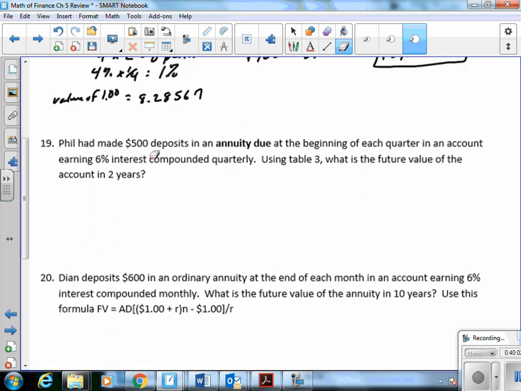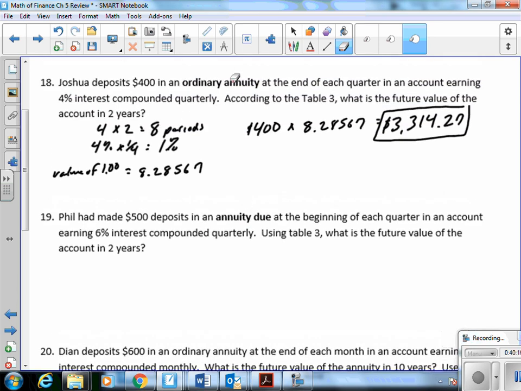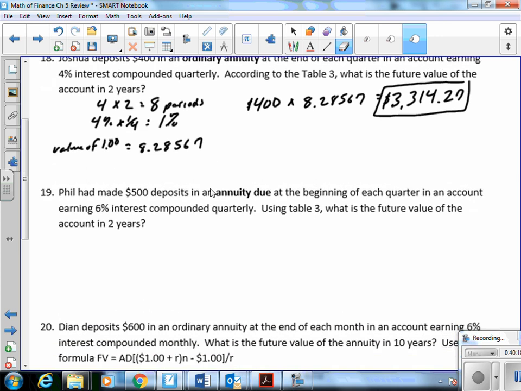Phil makes $500 deposits in an annuity due at the beginning of each quarter in an account earning 6% interest compounded quarterly. Using table 3, what's the future value of the account in 2 years? To do an annuity due, we start off just like an ordinary annuity. It's compounded quarterly, and we're looking at 2 years from now.